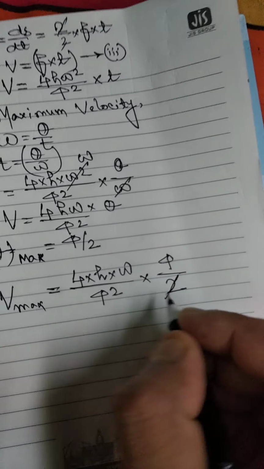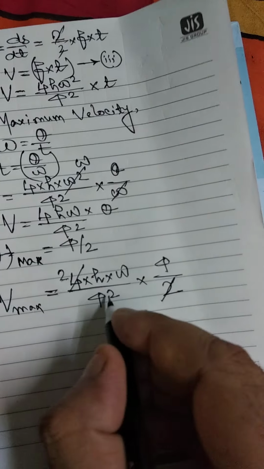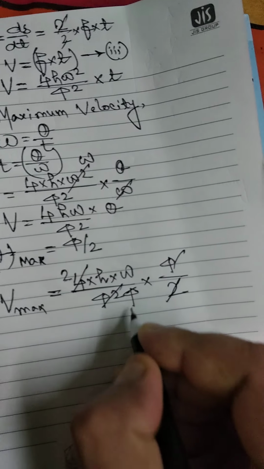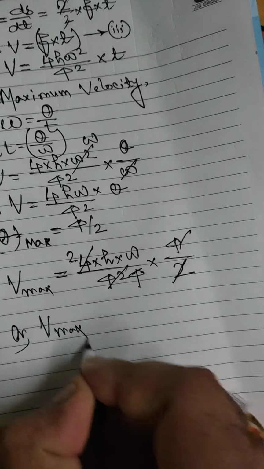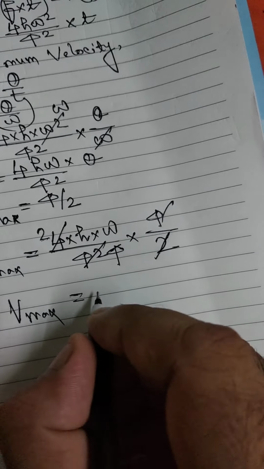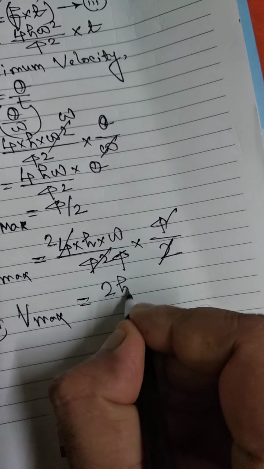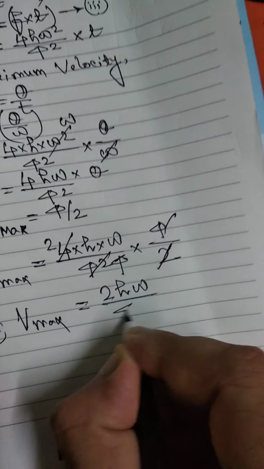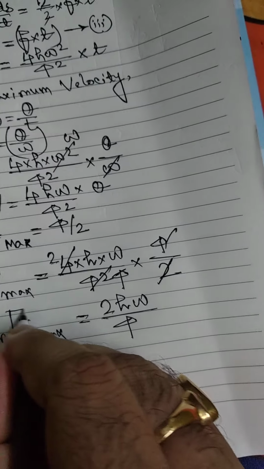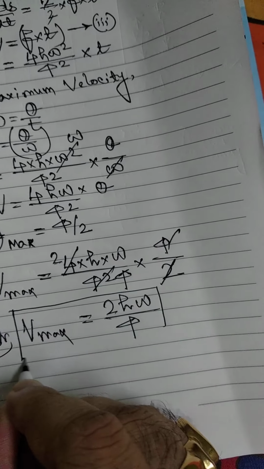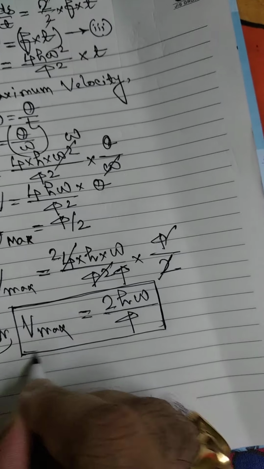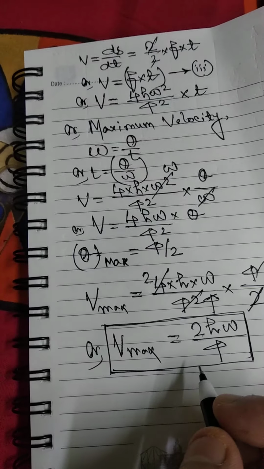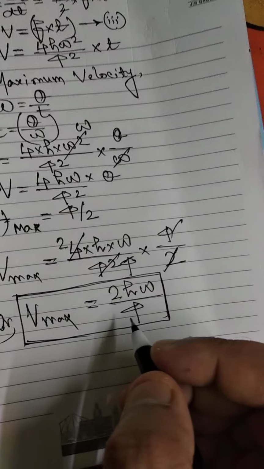So 2 and 4 will be cancelled, and one phi will remain. So now the maximum velocity will be 2h omega by phi. This is the actual formula of the maximum velocity, 2h omega by phi.